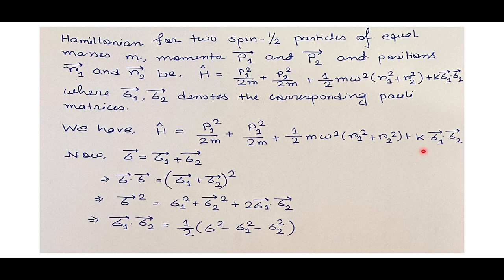So we are worried about the term k times sigma 1 dot sigma 2. The total spin is sigma equals sigma 1 plus sigma 2. We take the dot product with sigma on both sides, or you can take the square, that is the same thing. It gives sigma square equals sigma 1 square plus sigma 2 square plus 2 sigma 1 dot sigma 2. So from here you can get sigma 1 dot sigma 2 equals half of sigma square minus sigma 1 square minus sigma 2 square, right.